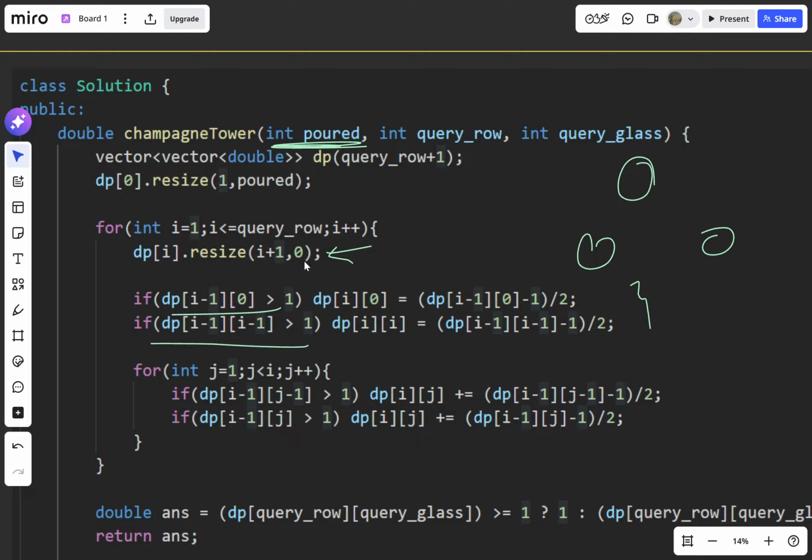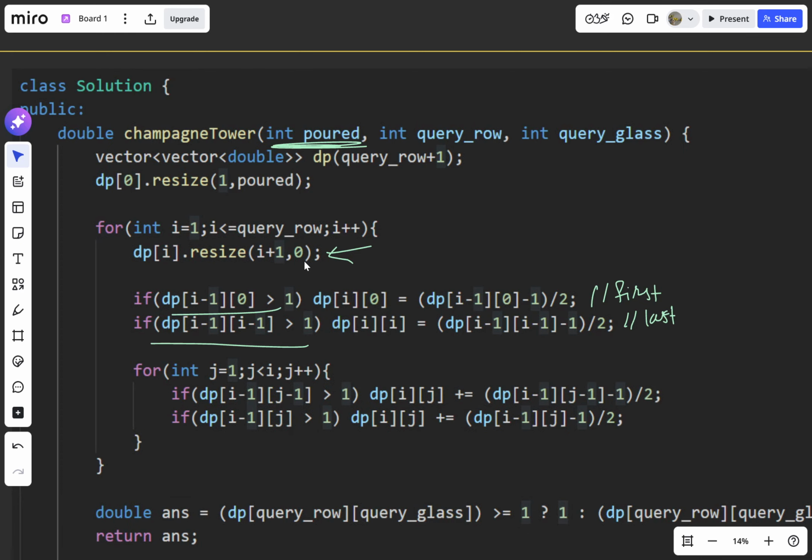This will indicate the first glass, and this indicates the last glass which are at every row.